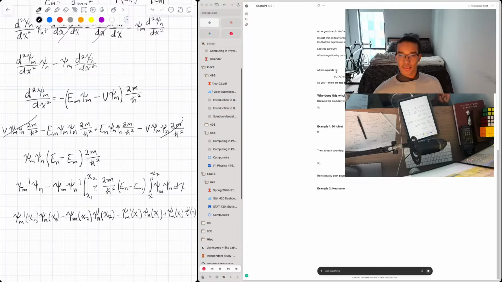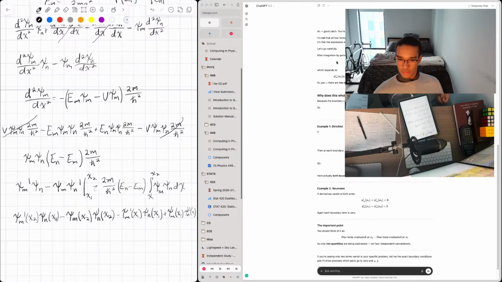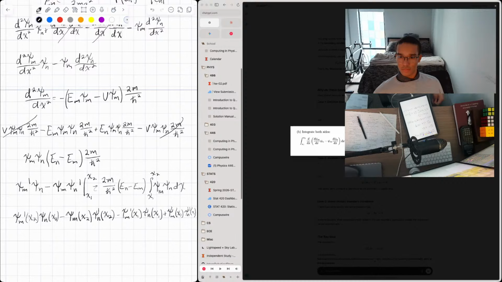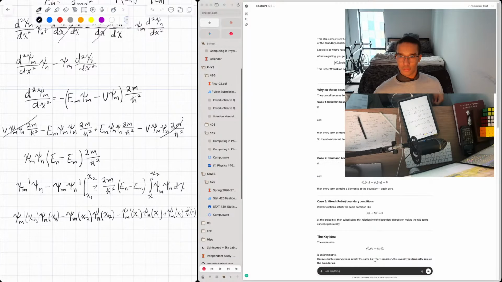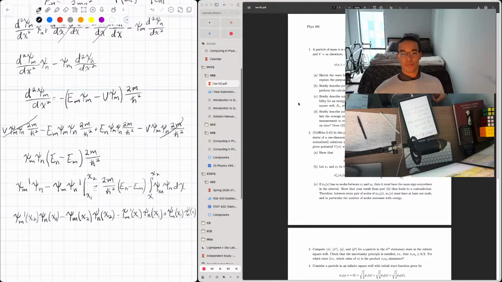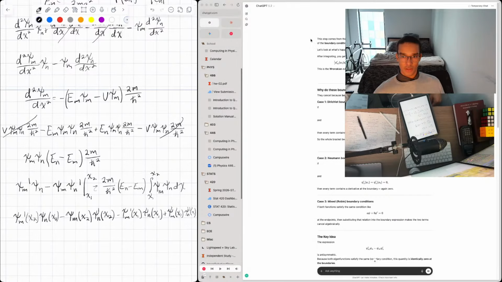This whole bracket does not become 0. This thing is useless, bro. It doesn't know nothing about anything.